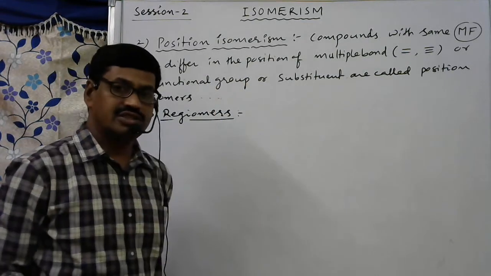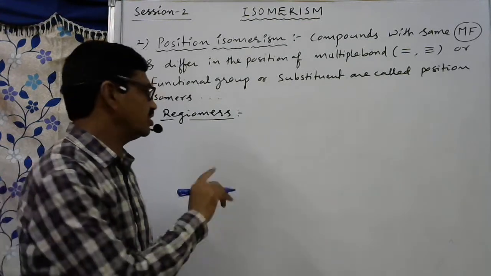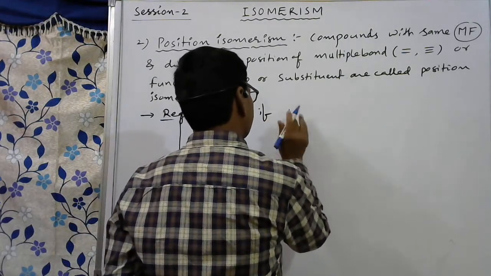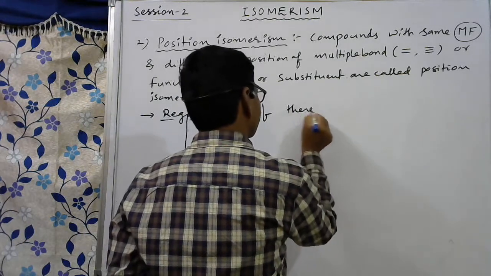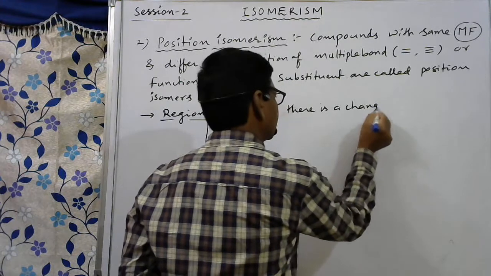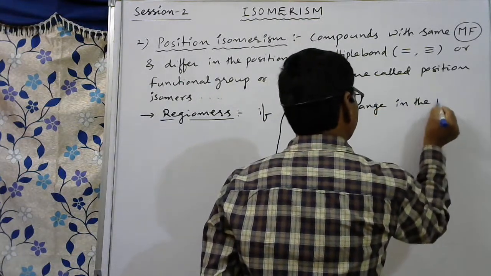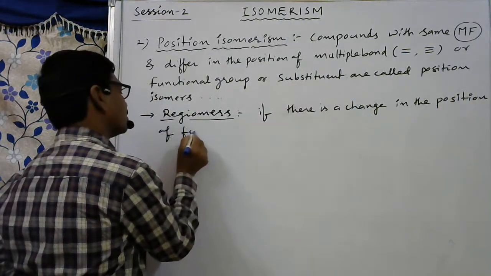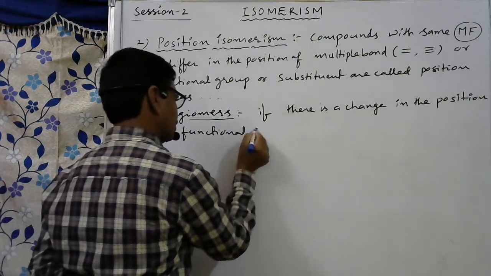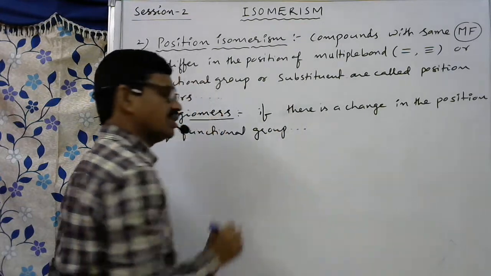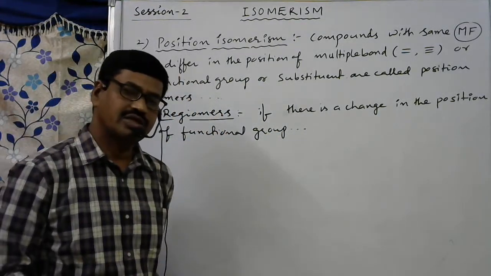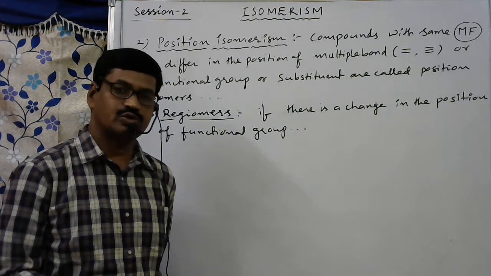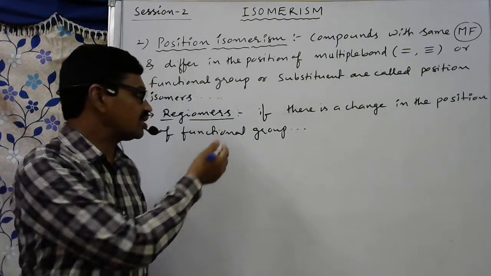If there is a difference in the position of a functional group, then we can say regioisomer. Particularly when there is a difference in the position of a functional group, these isomers are called regioisomers. It may be an OH group, a double bond, a triple bond, or a keto group. Now some examples related to regioisomers.